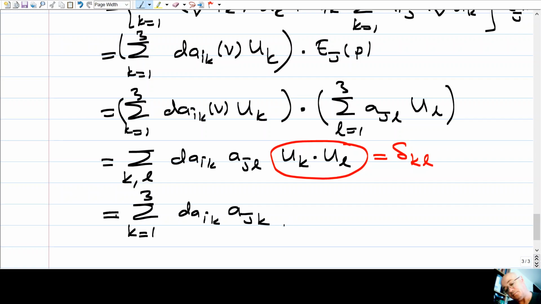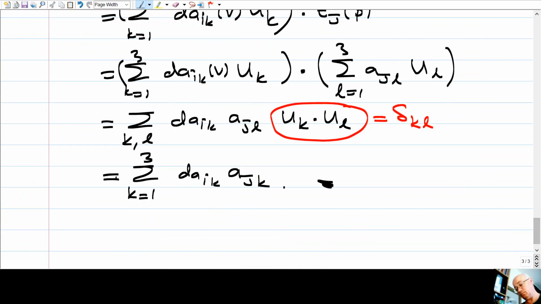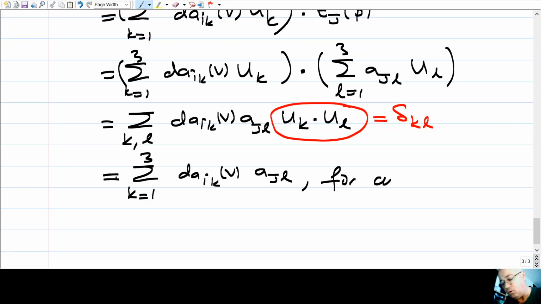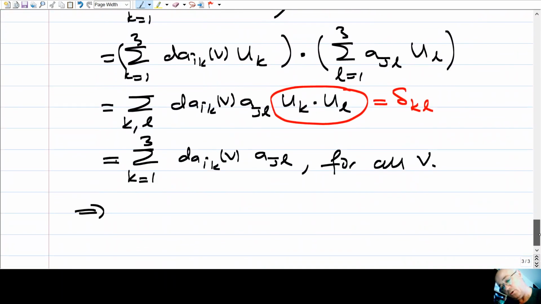Okay. Here I forgot. Here I have, sorry, V and then A, J, L. Yes, so V, A, J, L. But this is true for all V. Hence, you see, for all V, this one form is equal to this one form.